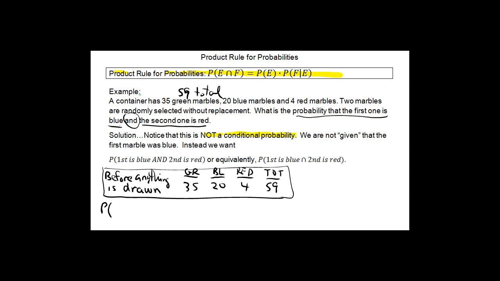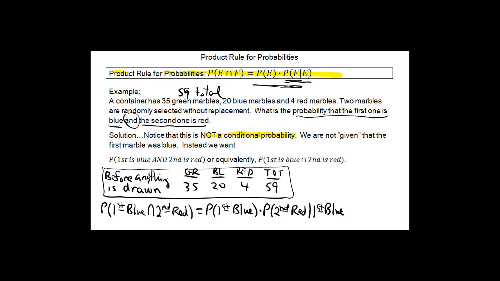It says the probability of the first one being blue and the second one red is, and again I'm using the formula up here, the probability that the first one's blue times the probability that the second one is red given that the first one is blue.